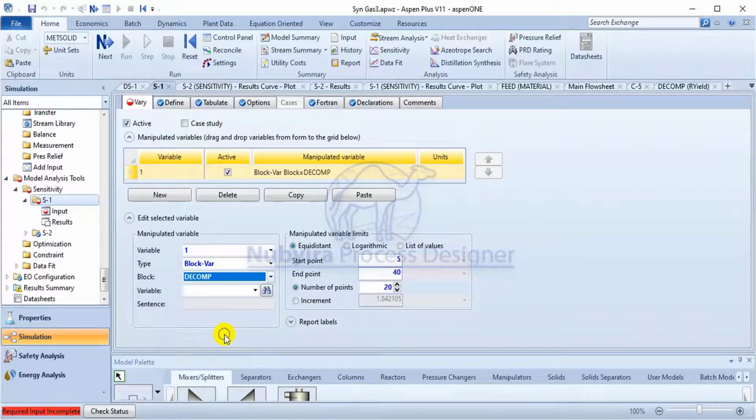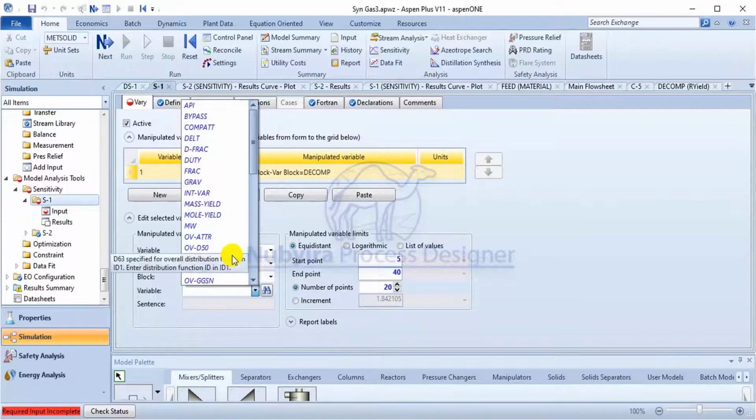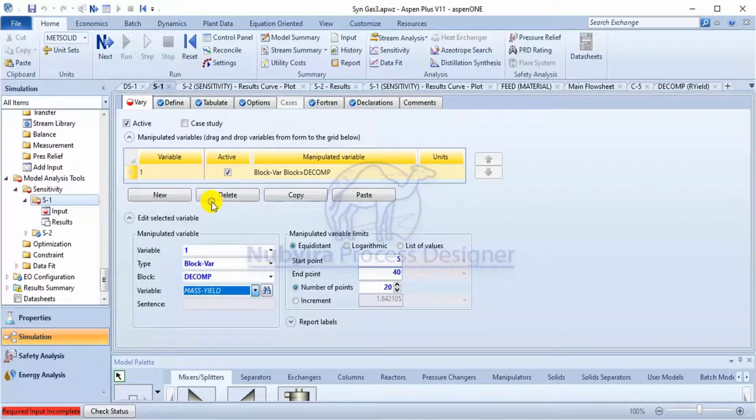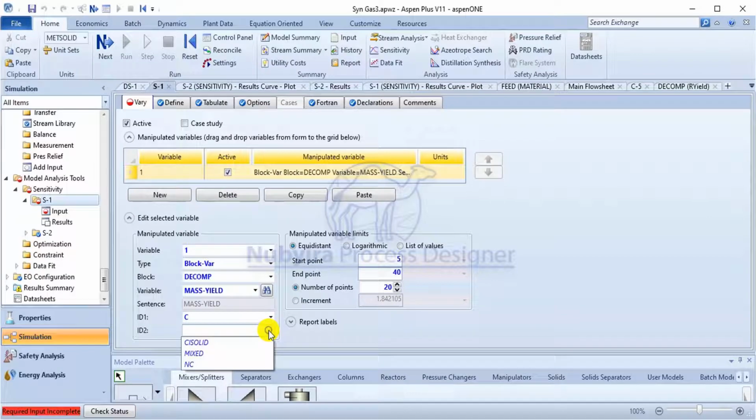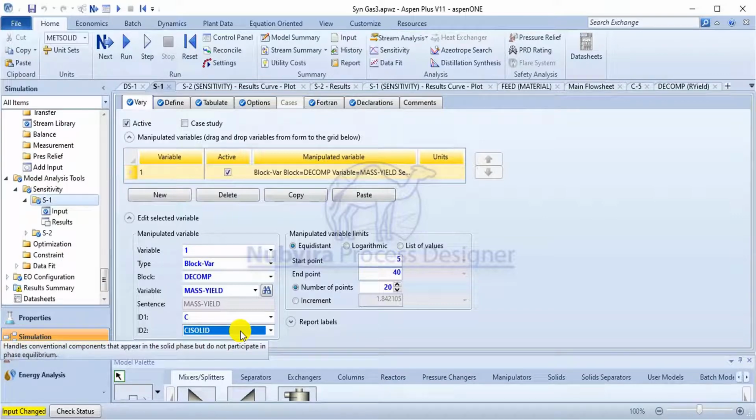That's the name of the plot. The variable that I'm using this time is the mass heat. So for components, carbon in the substream is a different component. You have three substreams, not conventional components. There is no carbon, there is only biomass and ash there.